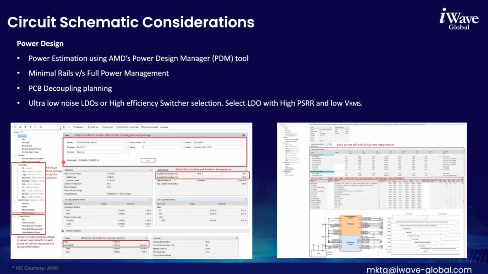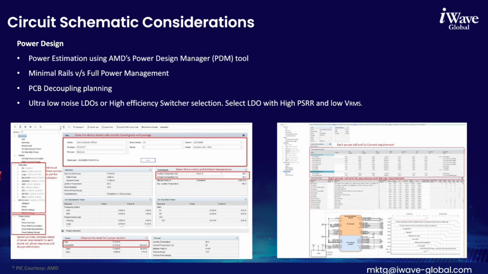To ease the SoC power estimation, AMD provides a very useful tool called the Power Design Manager tool. By giving some very simple details, like basic device details, speed grade, and the ambient temperature the board is expected to work in, and also filling in the basic resource utilization details, we can get the power requirement from this tool.